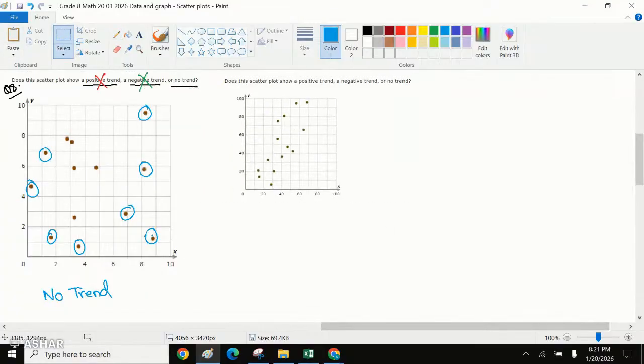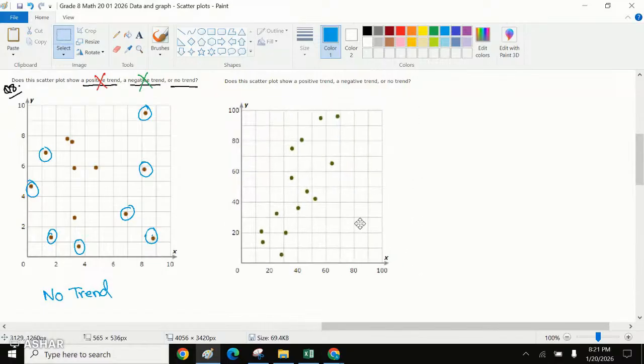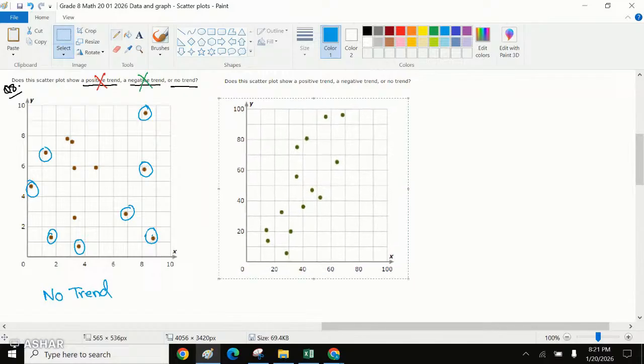If this is given to us, this was the diagram, which kind of trend does it have? Question number 9. Can anyone tell me what kind of a trend this is? Would it be a negative trend or a positive trend?